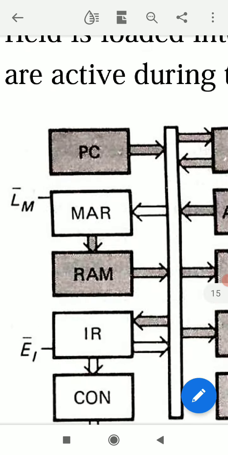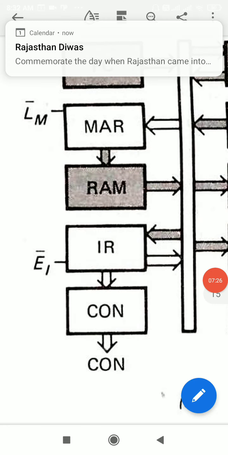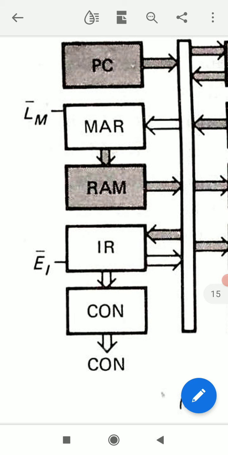So to load address field to MAR, first of all these 4 bits from IR must go to W bus, and this happens when EI bar is active. Then 4 address field bits go to W bus, and from W bus these 4 address field bits are loaded to MAR. This happens when LM bar is active. Load MAR.